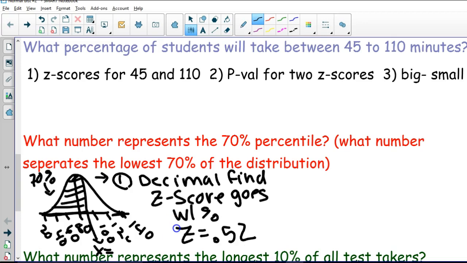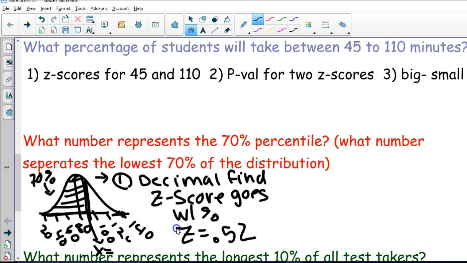So we know that this person right here got a z-score of 0.52, but we don't know their observation, and that's what it's asking for. So what do I need to do next? Yeah, we need to transition this z-score to an actual score. Saying to ourselves, well, what do we know?